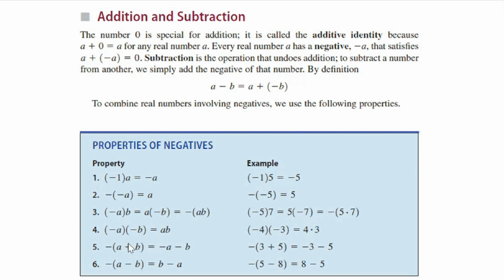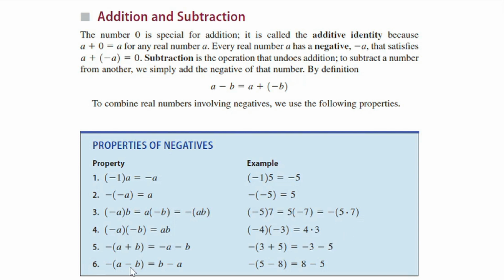And number 4, we have negative of a times negative b, so the product is equal to a b, because negative times negative is positive. So copy the variables here, since they are different variables, we will just write the product as a b. For example, negative 4 times negative 3 is equal to 4 times 3. So it's now positive 12 if you're going to write the answer.